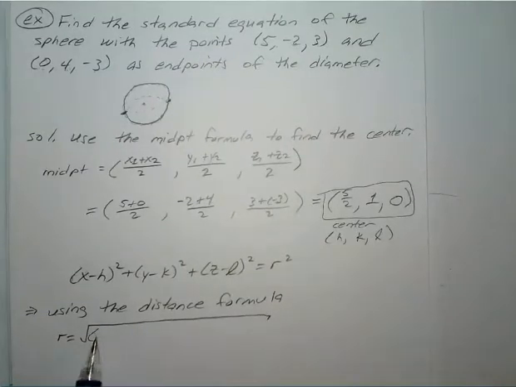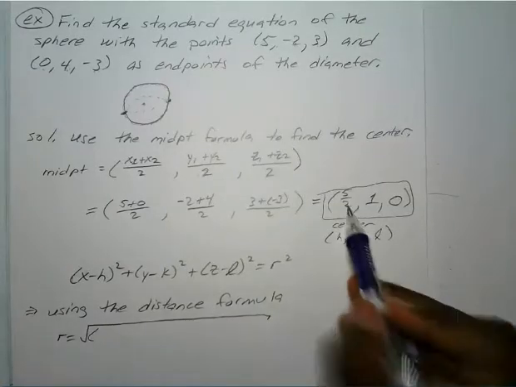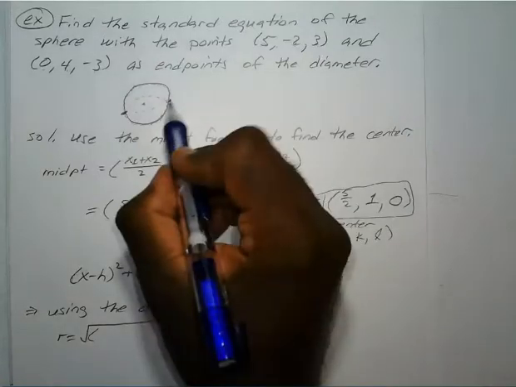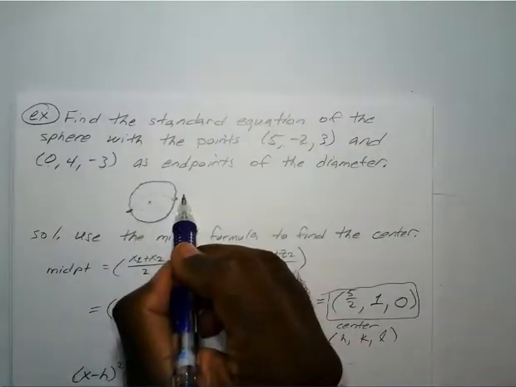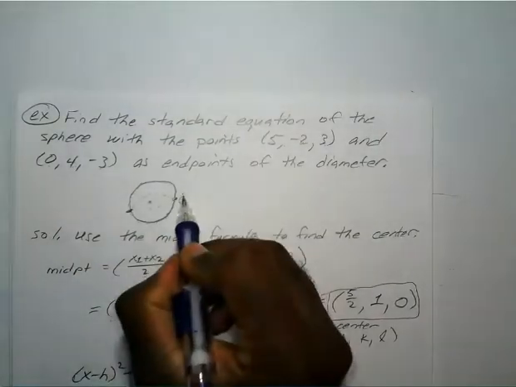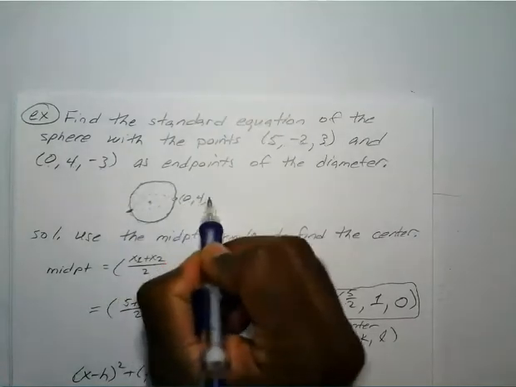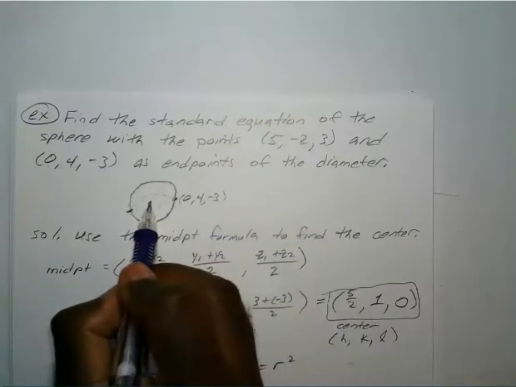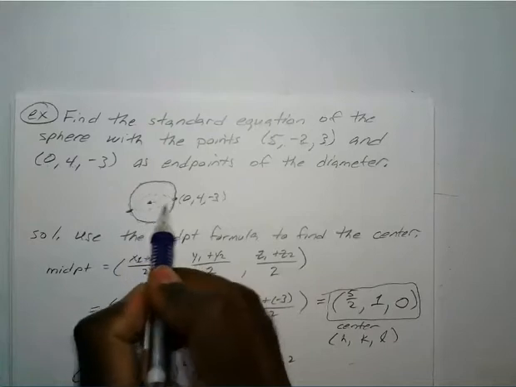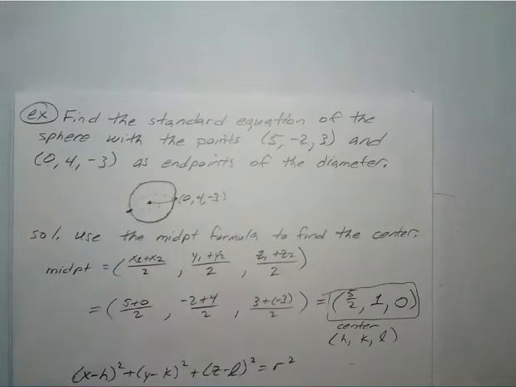Remember, it's x2 minus x1. So we're looking at the distance. Let me bring this down. We have 0, 4, -3 to our center. That's what we're looking for the distance for, because that's our radius.